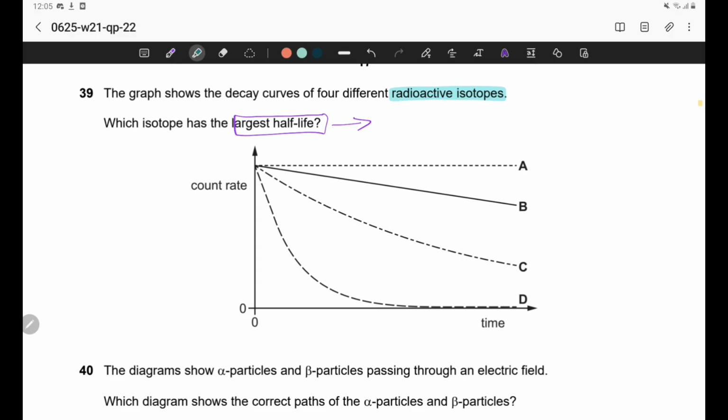So here you can see the option A isotope, even after a long time it still remains the same, or the count rate is still as initial. That means it's not decaying much. So it must have the highest half-life, or it will take a long time to decay. Therefore, option A is correct, which has the largest half-life.